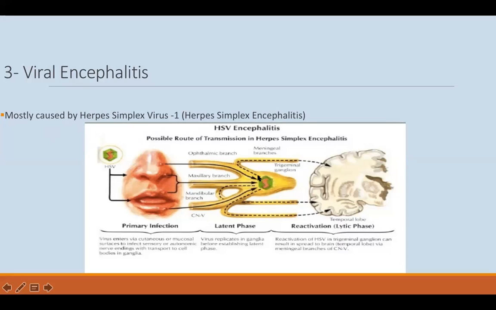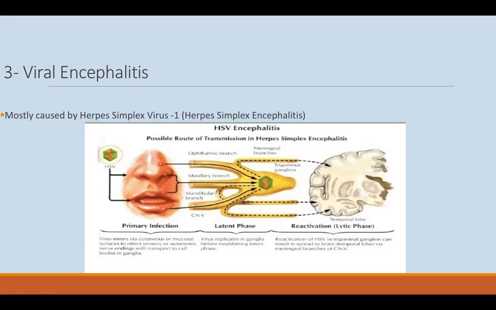It stays forever until it reactivates, and this reactivation in the trigeminal ganglion will result in spread to the brain, especially the temporal lobe. And it spreads, as we said, through the meningeal branches of cranial nerve number 5, the trigeminal.